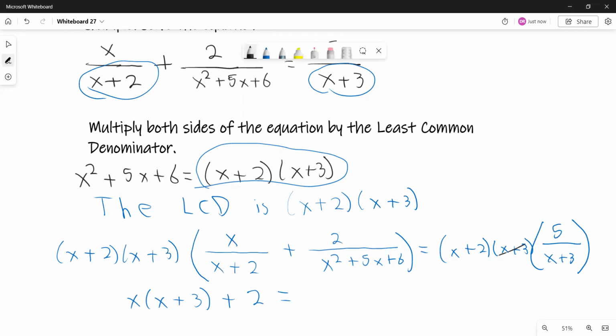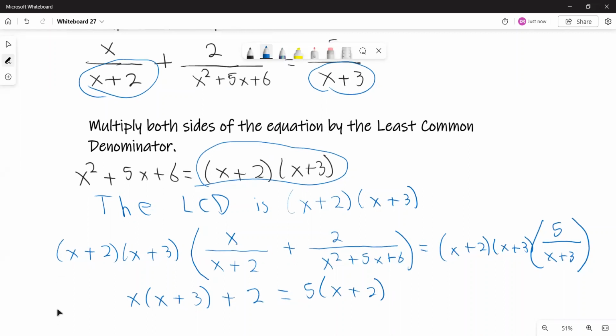These two cancel out, and we have 5 times x plus 2. So we no longer have variables in the denominator.